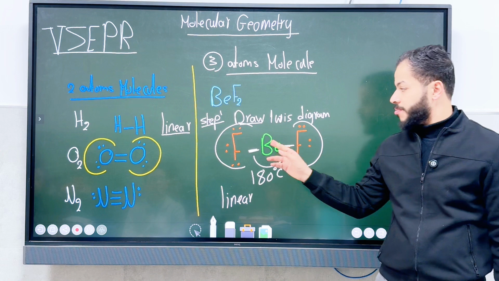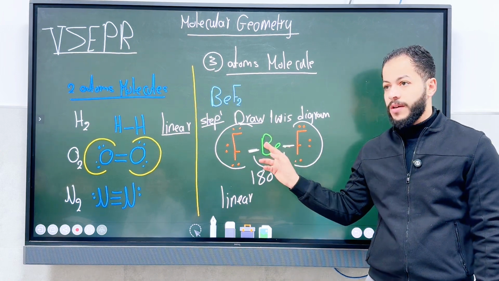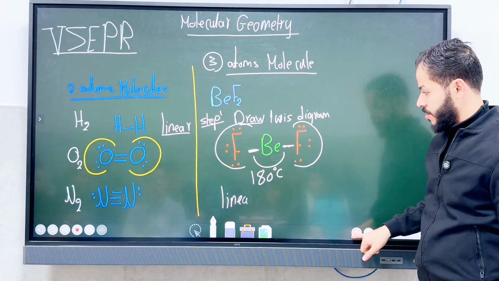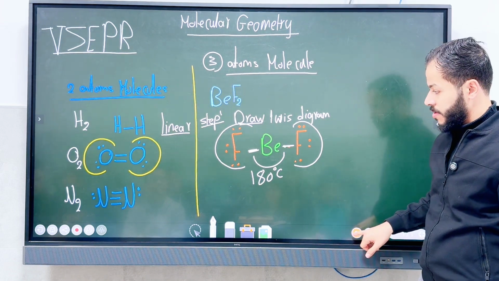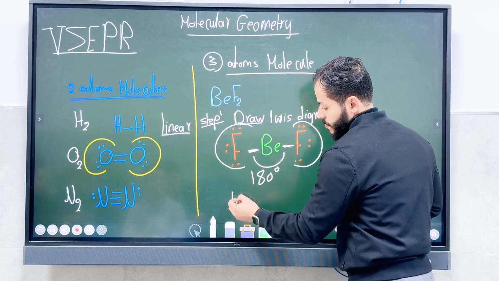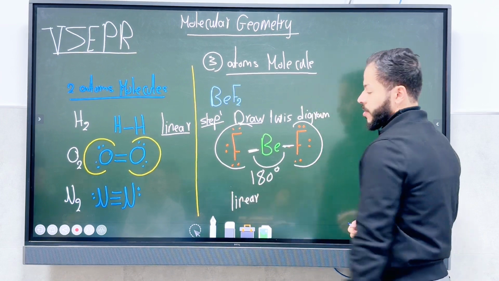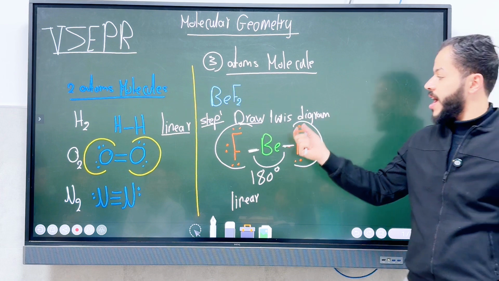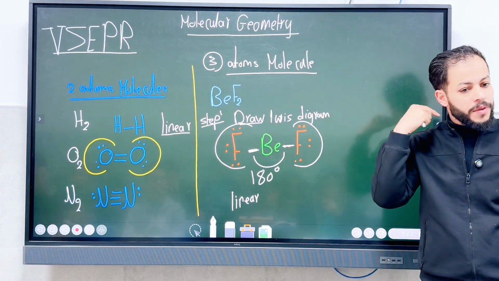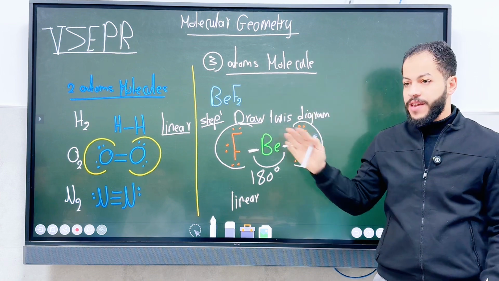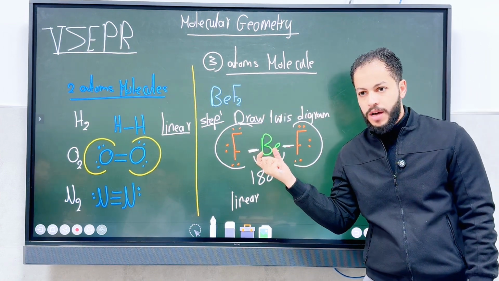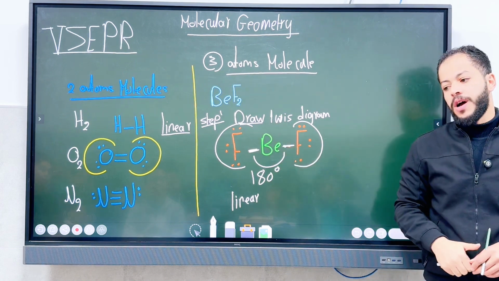Do we have any lone pair on the central atom here? No. Remember, we have cases of 3 atom molecules with no lone pair on the central atom, and we will know why, and also cases where we have a lone pair on the central atom.